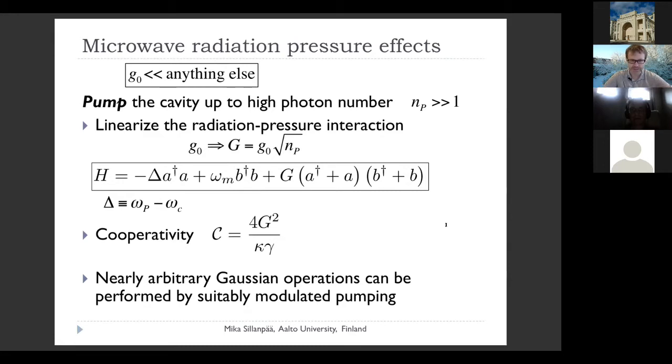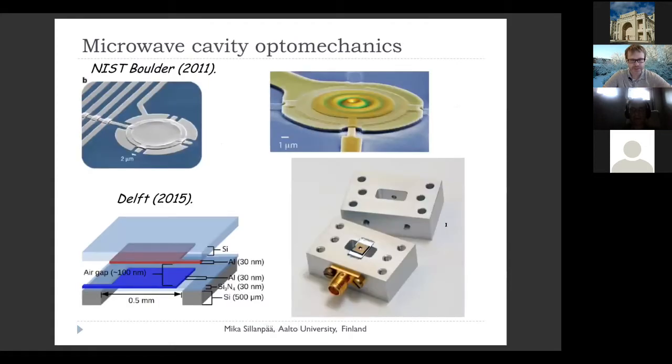And this latter thing is the nice thing, which allows to do a lot. These drumhead oscillators have been used in very successful many experiments. This is some stylized image.